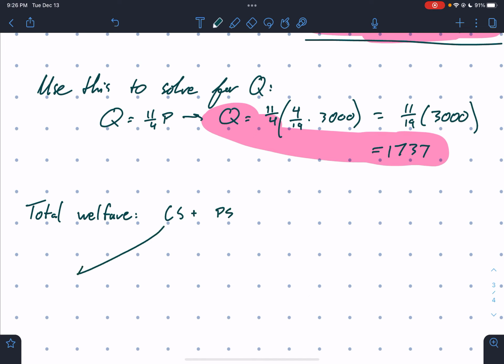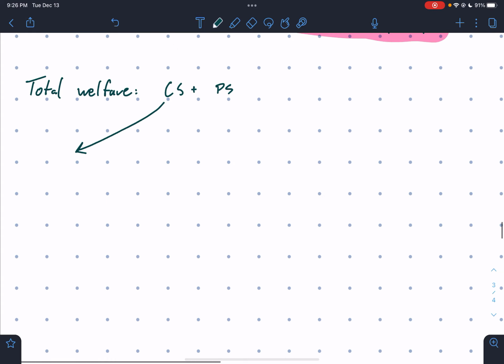So to compute consumer surplus, we're going to look at basically what we'll have. This is the price. Sorry. This is the consumer's demand function.